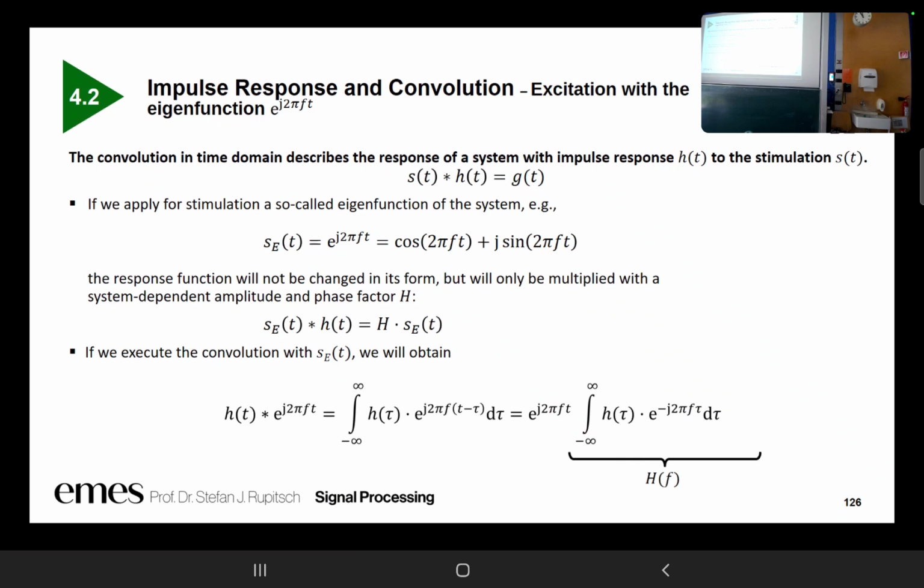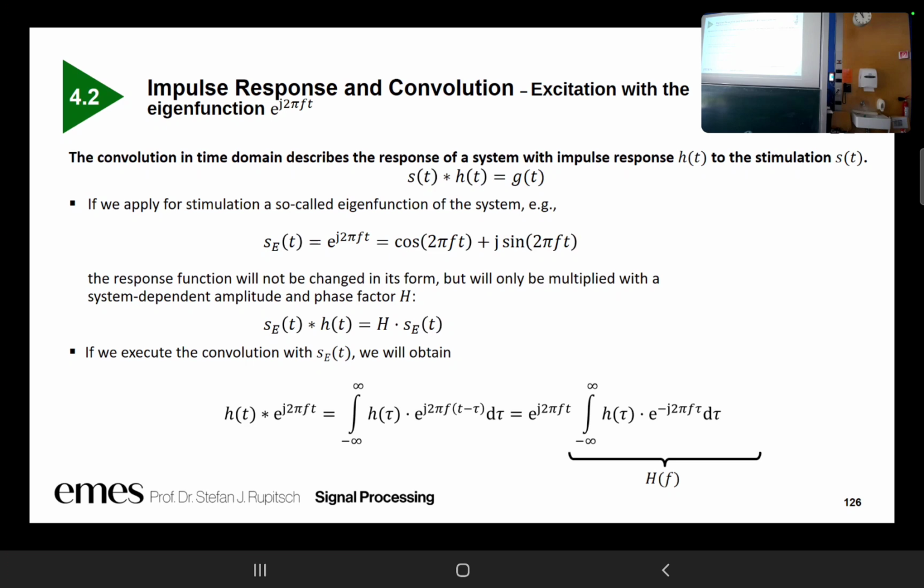How fast would one proceed? Usually you have to say also how fast you want to go. The problem is if you use sinusoidal or cosine signals with one frequency and you step through your frequencies, you start with 50 hertz, then you go to 51 hertz, 52 hertz, 53 hertz.